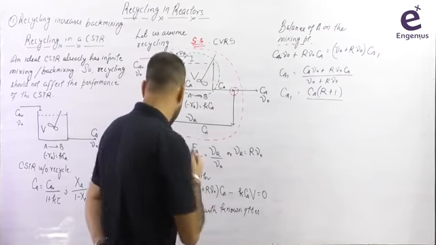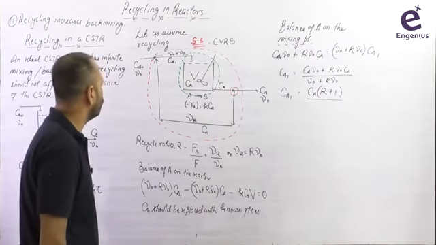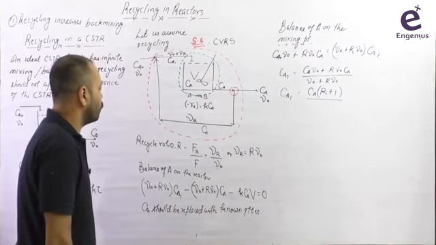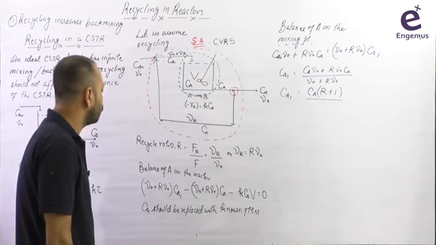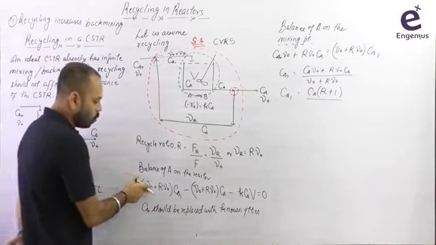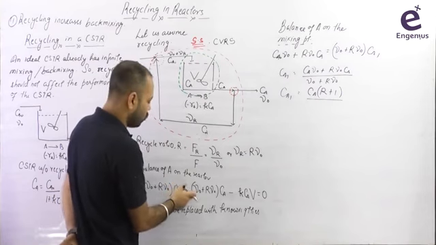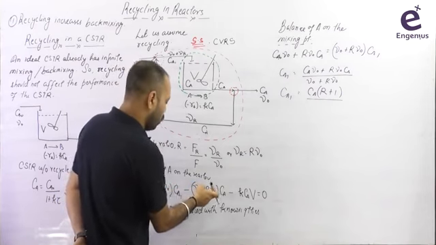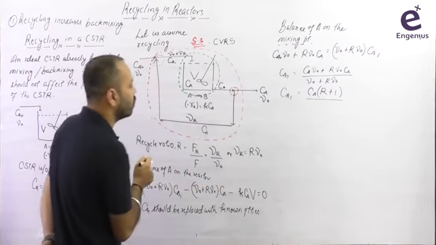Now there is some problem here. Balance of A on the reactor is written as nu naught plus R nu naught into CA1, the volumetric flow going into the reactor, minus what is leaving the reactor, that is nu naught plus R nu naught, that should be the same. CA minus reacted is equal to 0. Everything is fine here.